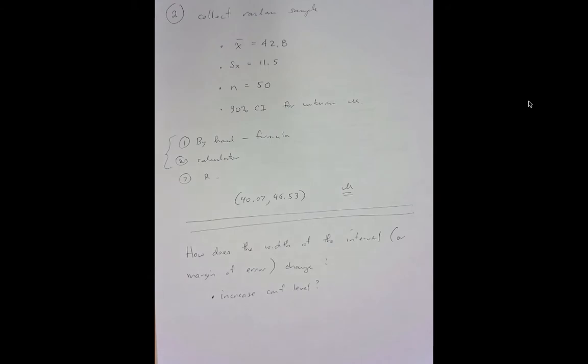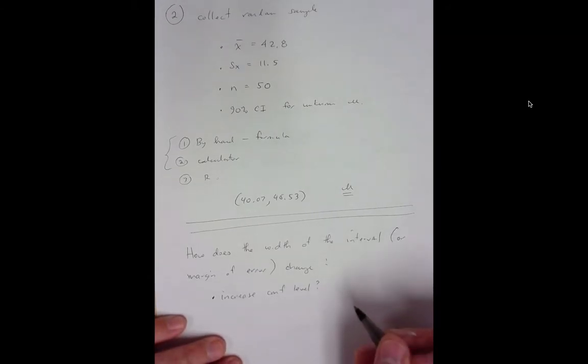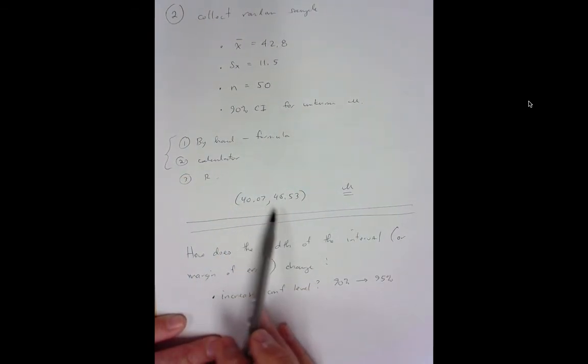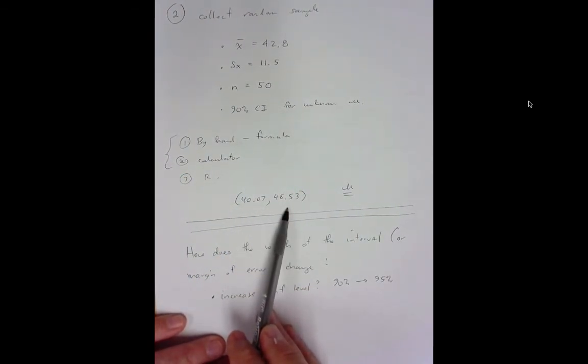First of all, what would happen if we increase the confidence level? And just for a talking point, if we went from 90% to 95% back here, how would this interval change?